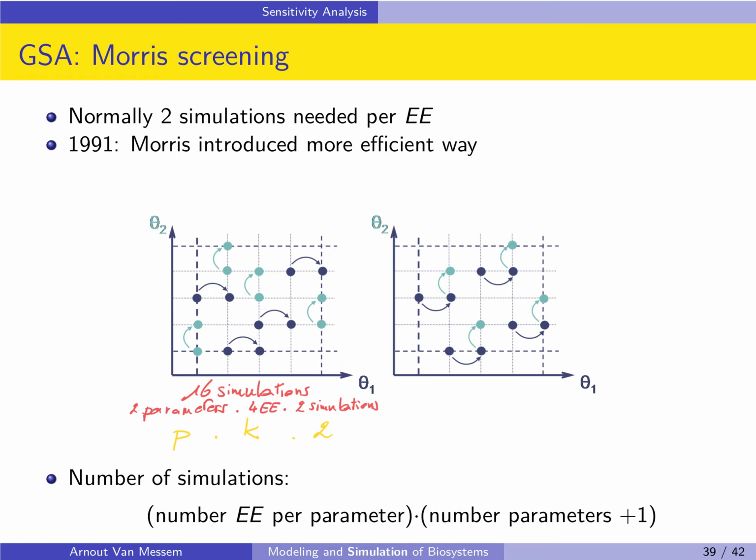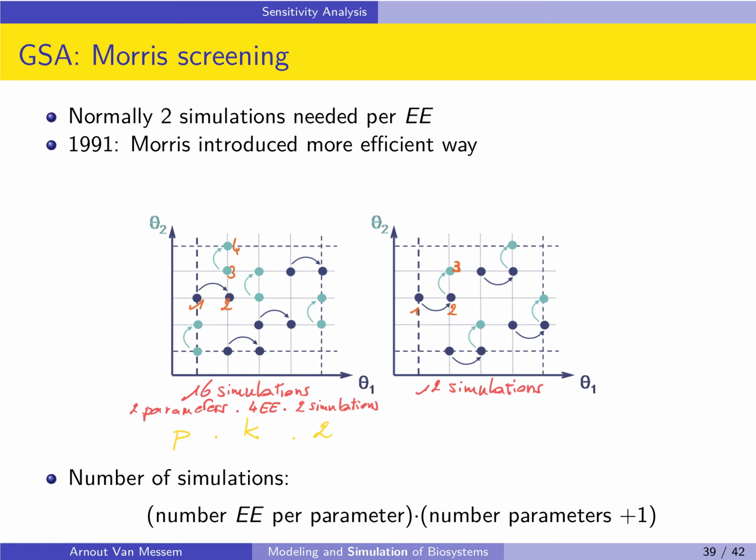In 1991, Morris introduced a more efficient way to obtain the same screening. This Morris screening will take each endpoint of theta1 as a starting point for a trajectory in theta2. So here now, instead of 4 simulations for 2 elementary effects, we only need 3 simulations for 2 elementary effects. In the example, the 16 simulations are now reduced to 12 simulations.